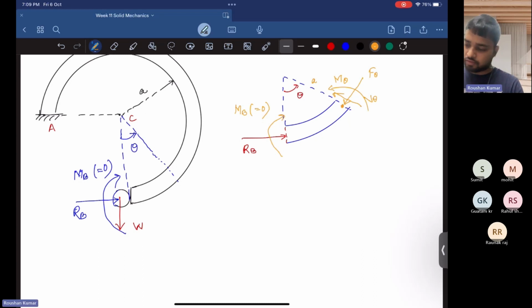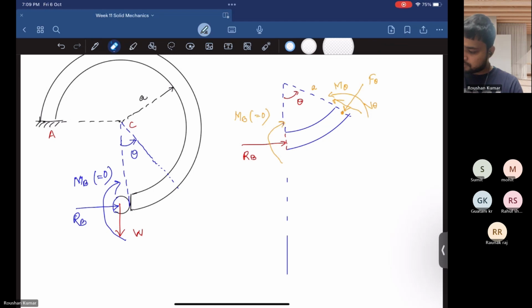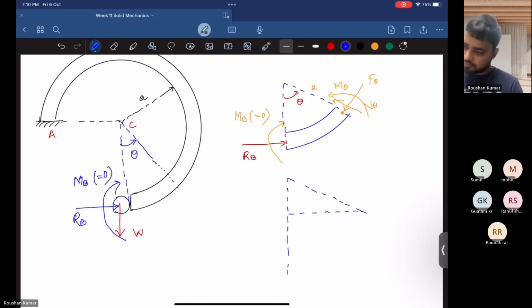Now let's draw this FBD. So if we take this, this is angle theta.